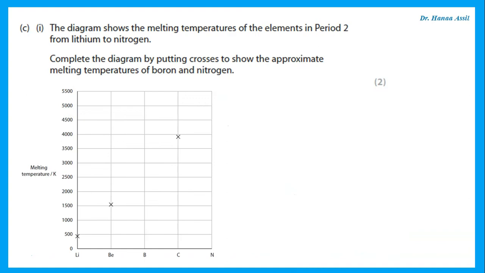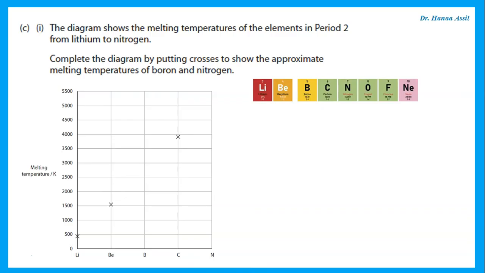The diagram shows the melting temperatures of the elements in period 2 from lithium to nitrogen. Complete the diagram by putting crosses to show approximate melting temperatures for boron and nitrogen. So we're looking at period 2, that means lithium, beryllium, boron, carbon, nitrogen, oxygen, fluorine, and neon. We're going from lithium, beryllium, boron.